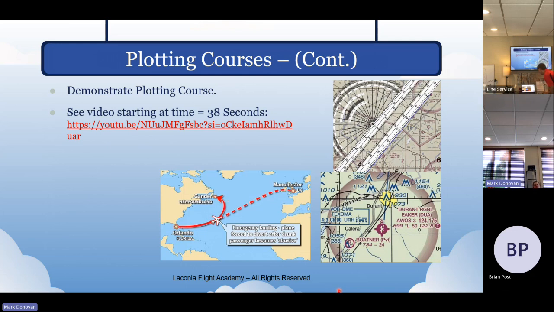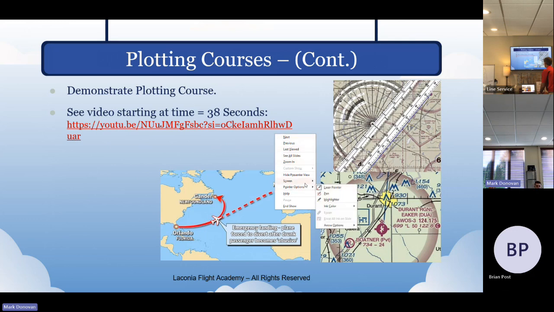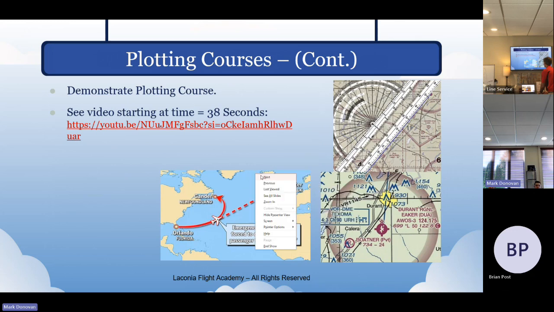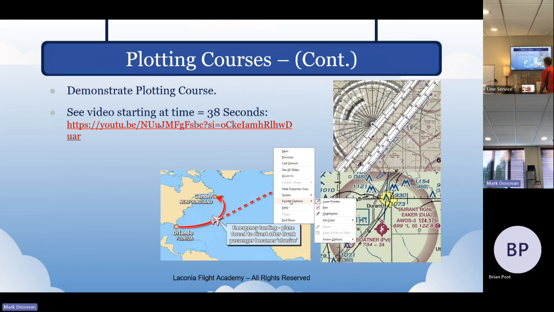Now, this is where it's going to get interesting. Brian, you tell me if you can't hear anything that I try to play here. Will do. Let's see if I can get this. Maybe I have to get out a pointer. How do I get out the pointer options?